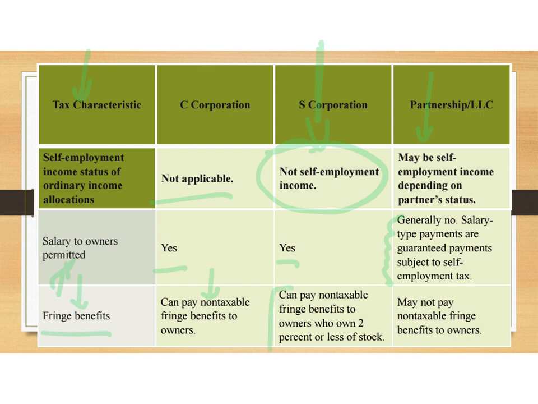Fringe benefits are taxable if you own more than 2% of the stock. And with partnerships, you cannot pay non-taxable fringe benefits to owners. So we've got some significant differences in self-employment, salaries, and fringe benefits between different entities.